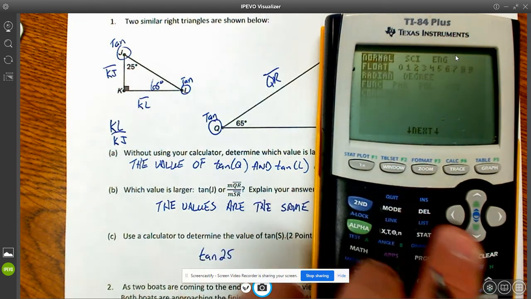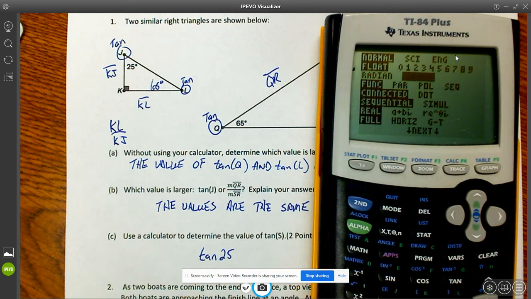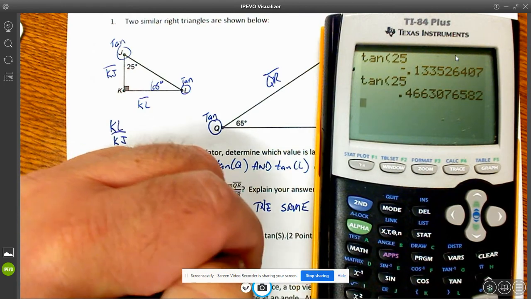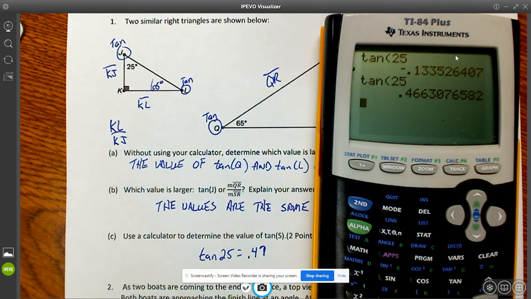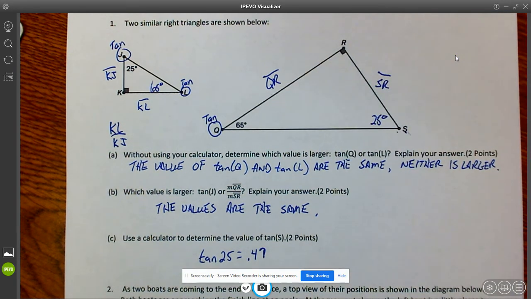Well, make sure my mode's correct. Tan 25 is 0.47. I just rounded it off. You can call it 0.466. You can call it 0.5. Either one of those I would have taken as the correct answer, but that's all you had to do on that one.